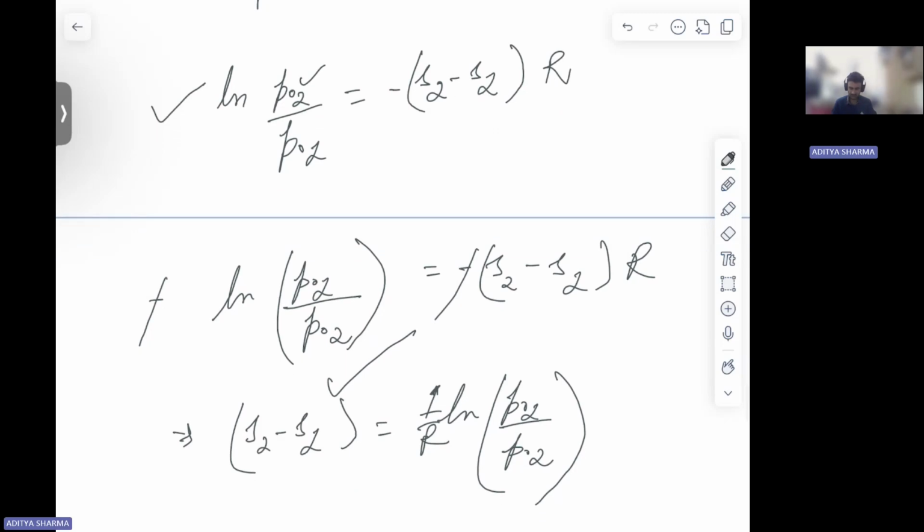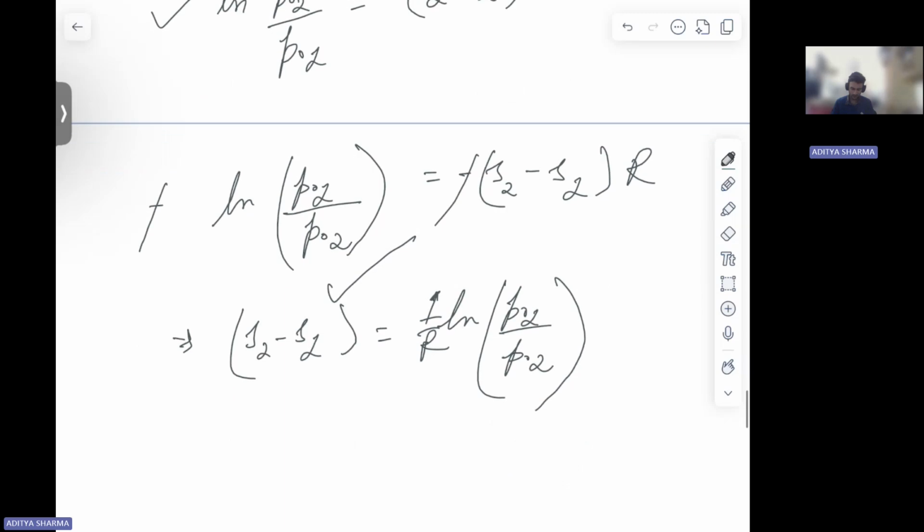Now on the right hand side, we have minus S2 minus S1 into R, right? So negative and negative will cancel out. So eventually we'll have S2 minus S1 is equal to 1 by R ln P naught 1 by P naught 2. So this is positive and ln P naught 1 by P naught 2 is going to be positive. So this suggests that your S2 minus S1 is going to be positive.